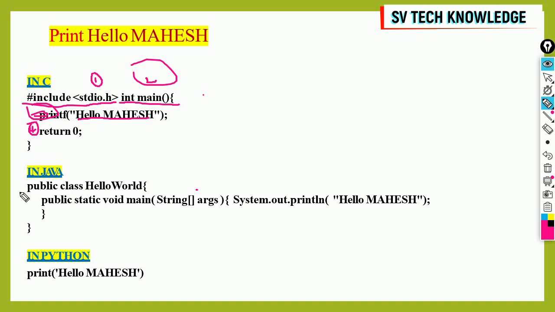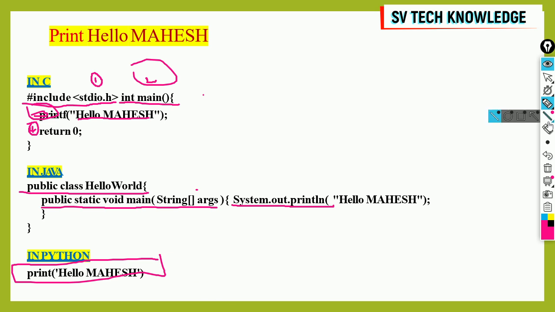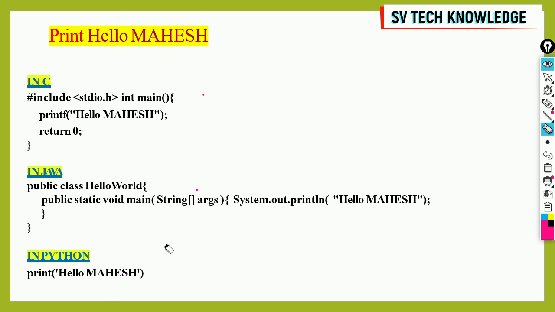In Java, public class hello world, 1 line, public static void main, second line, system.out.println, third line. 3 lines of code. But in Python it is only 1 line. Just print hello Mahesh, and it will give the output hello Mahesh. How easy it is. Only 1 line. Just print and whatever you want to print.